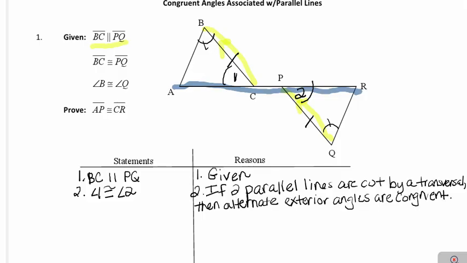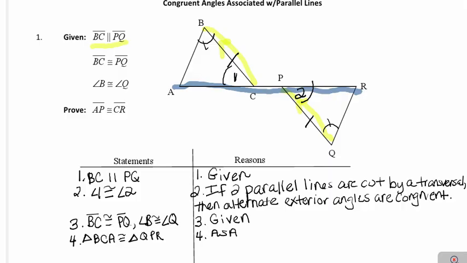Now, after I copy down my next 2 givens, I have enough information to prove that the 2 triangles are congruent by angle, side, angle. Now, I do want to prove that segment AP is congruent to segment CR.